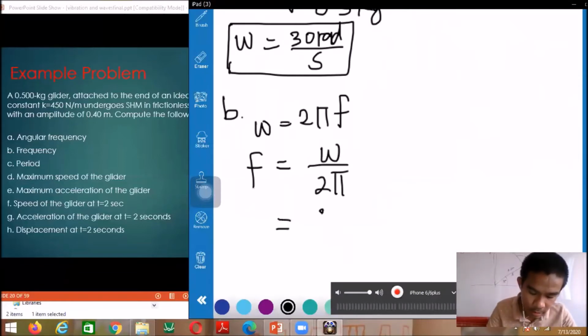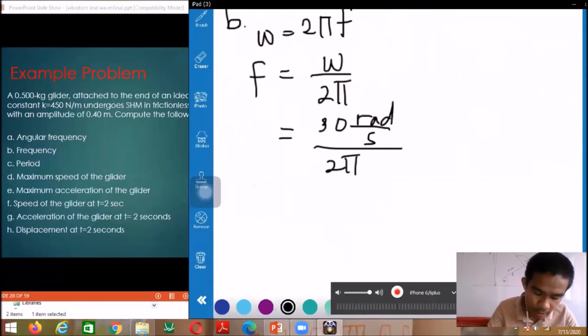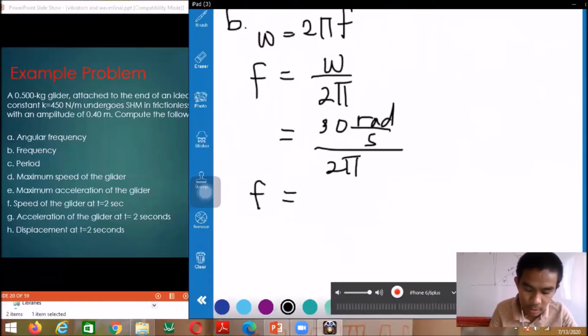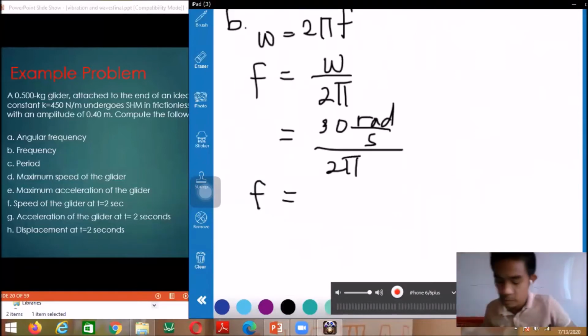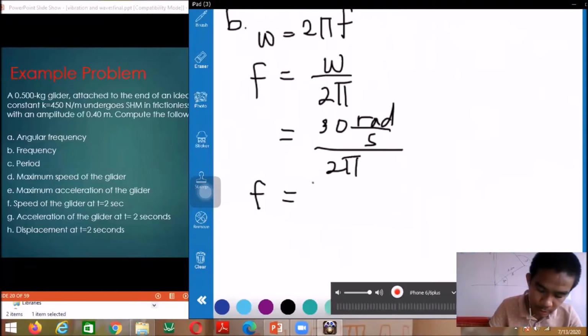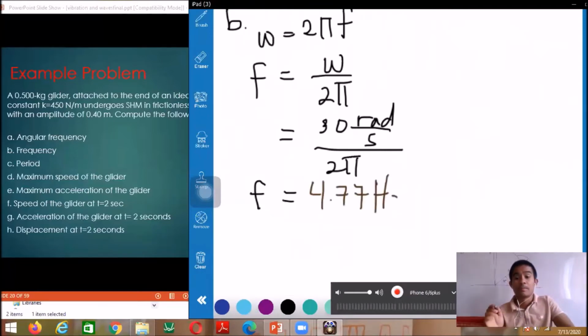So this is 30 rad per second over 2 pi. Then frequency f equals, calculator, 30 divided by 2 times 3.14, approximately 4.77 hertz. So it can move from the positive amplitude to negative amplitude, then back to positive amplitude in 1 second.